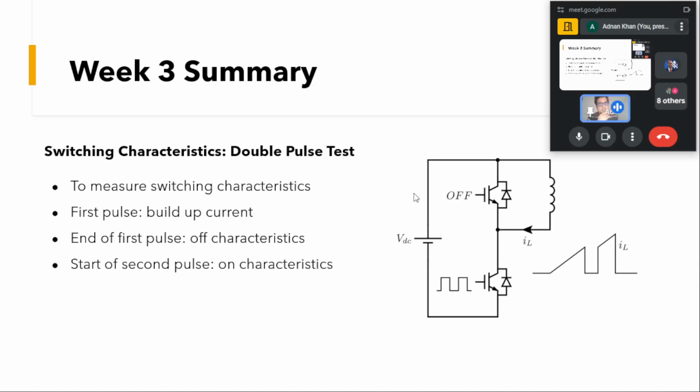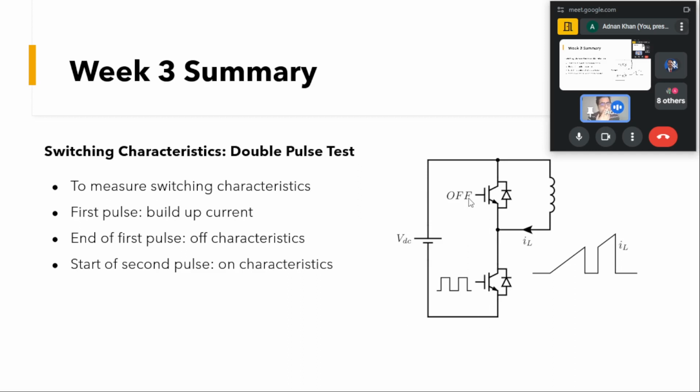Here the device setup is like an H bridge with two devices, a top device and a bottom device. We have an inductor that is connected across the top device, and we have a bottom device, and a DC link that is connected across this H bridge.